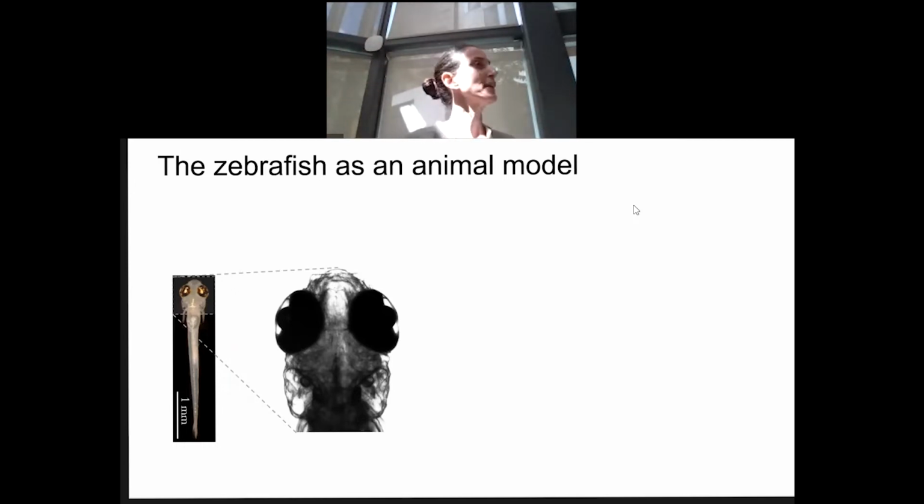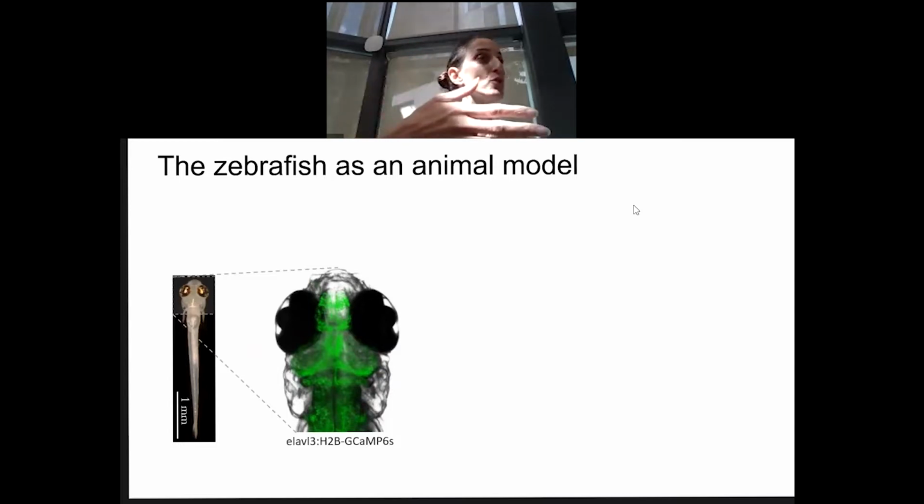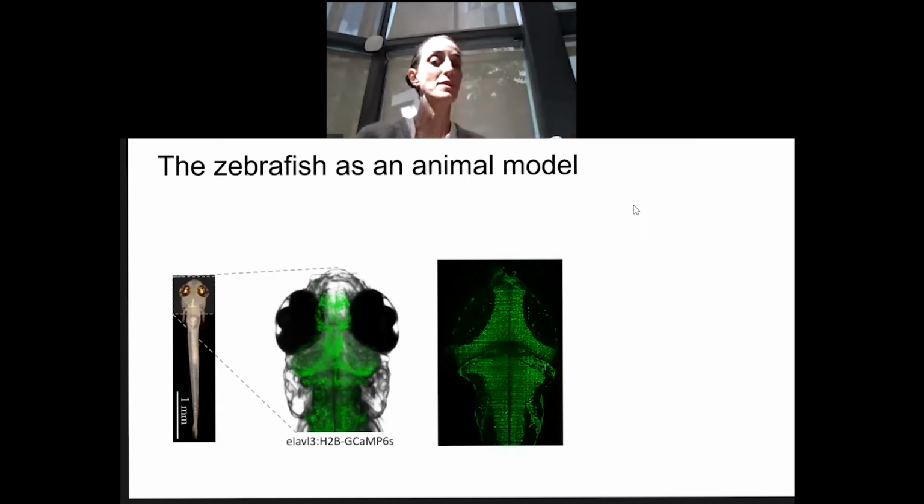We are using some genetic tools that label the entire population of neurons with a marker. So we have a very good ability to look at the neurons and to visualize them as the fish is sitting under the microscope. Now, if we are using very cutting-edge technology to look at these neurons at very fine resolution, we can actually see single neurons over the entire plane of the brain.